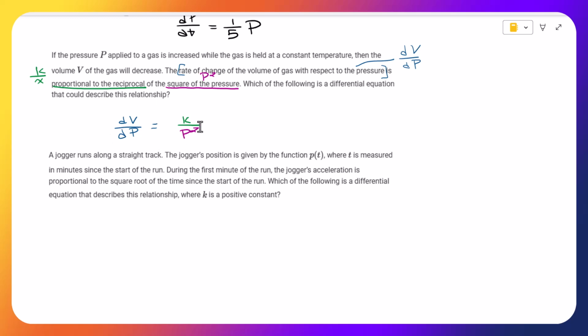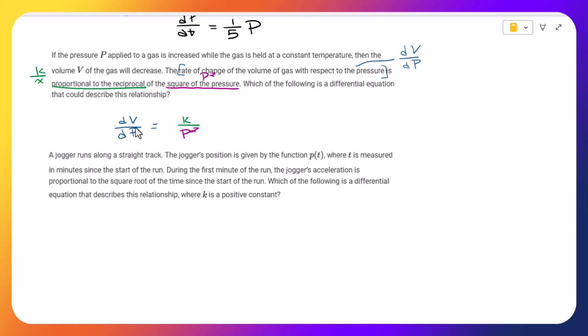Because if P increases, and our function here, remember our unknown function in this case is V of P.